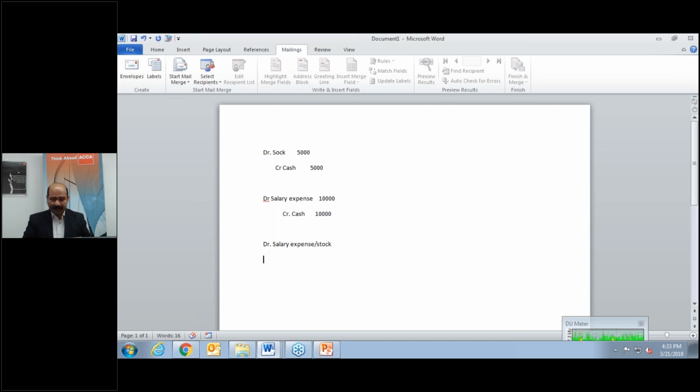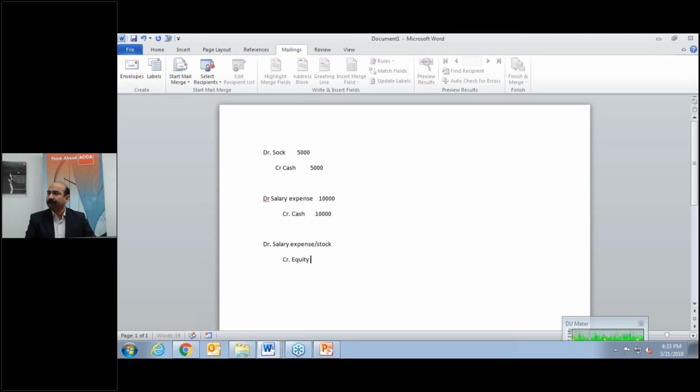Now, what will be credited? Credit will be neither cash nor bank, nor liability, because we are promising them that we will be issuing you the shares.